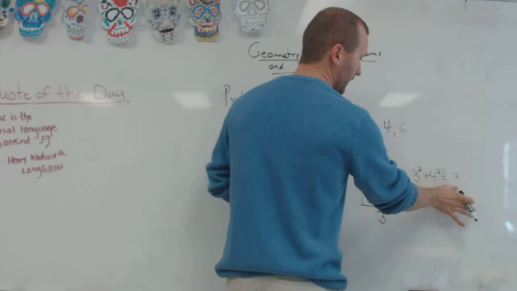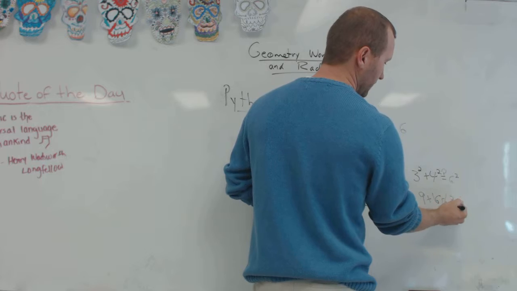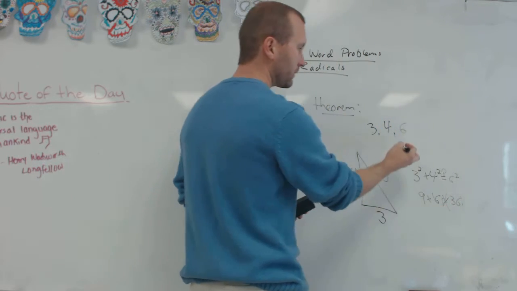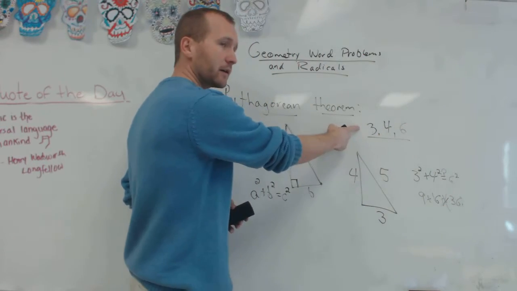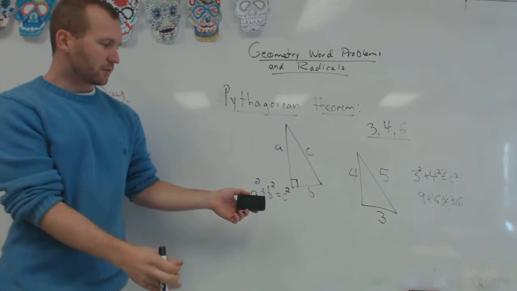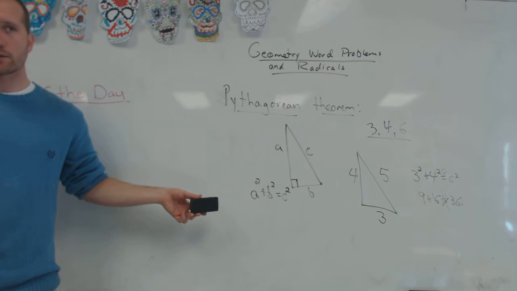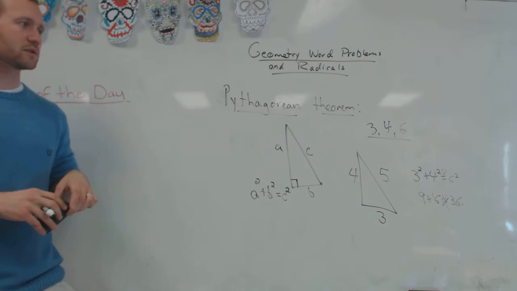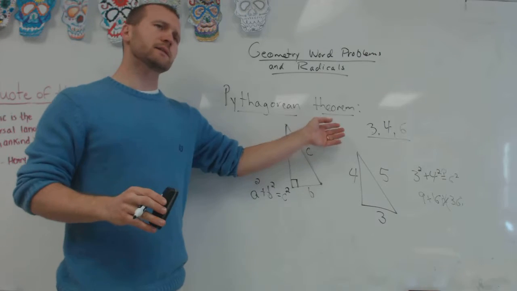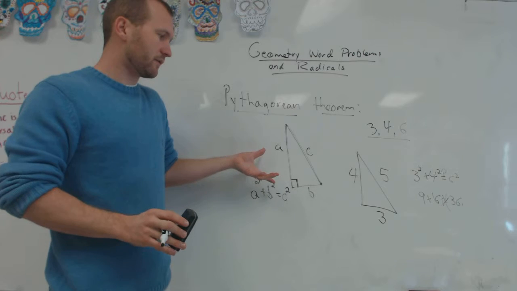No. Then we would have had 9 plus 16 equals 36. That's not true. So there can never be a right triangle that has those three sides. It's impossible, because they don't fit into the Pythagorean theorem. Okay, so some of the problems you'll see are just checking to see, does this triangle meet the requirements of a right triangle? In other words, does it fit the Pythagorean theorem?